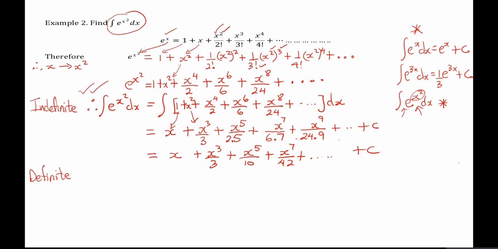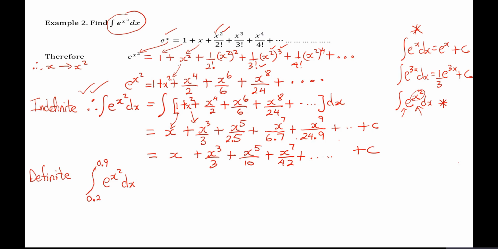Well, I'm going to use this particular example, and now I'm going to find the integral of e to the x squared dx. And the definite integral means that you must find a particular answer because you have a lower bound and an upper bound.